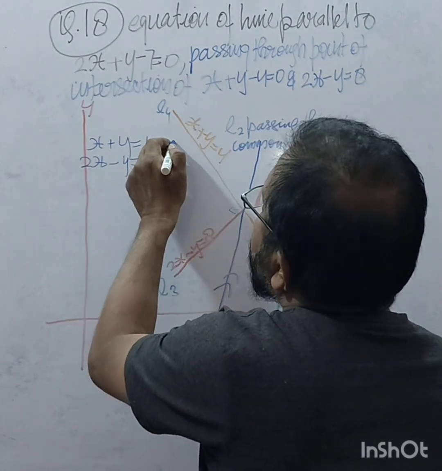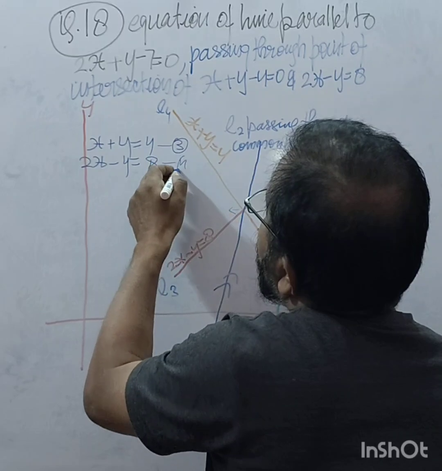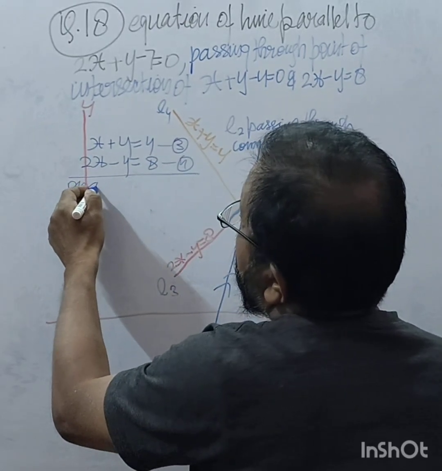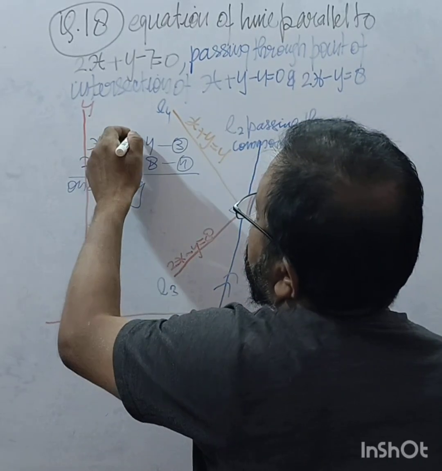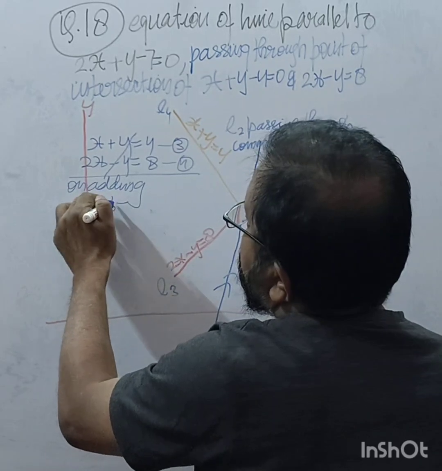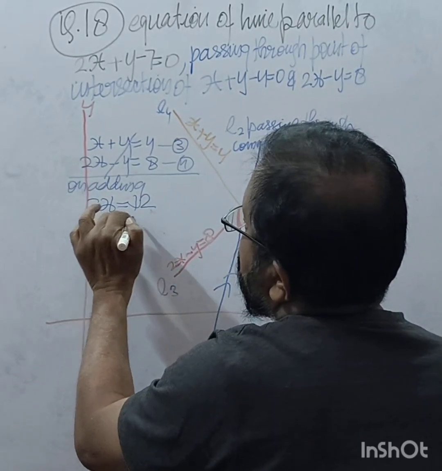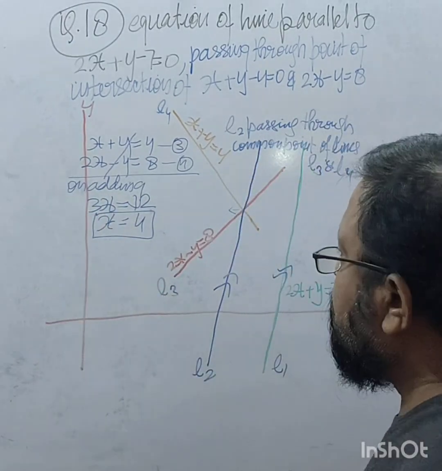So this is equation 3, this is equation 4. On adding, this cancels out, you get 3x is equal to 12. So x is equal to 4.